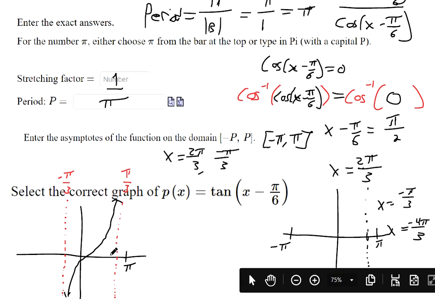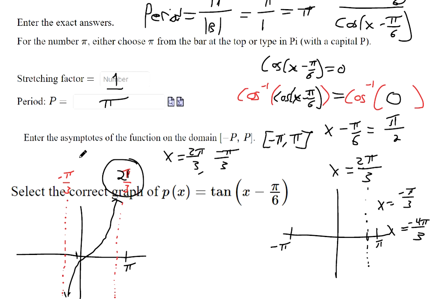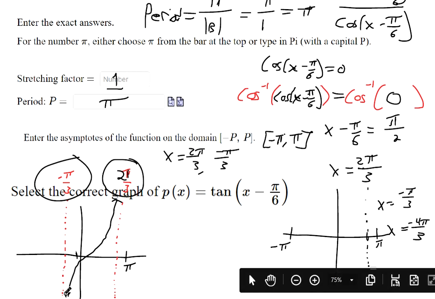And when I did, that gave me a negative value on the y-axis, which means it's got to go in this way. If I plugged in negative pi over 6 and I got a positive value, then I know the graph's supposed to look like this. So I'm going to look for asymptotes at negative pi over 3. This should be 2 pi over 3 because that was our other vertical asymptote. And then I'm looking for the tangent function going in the correct direction, rising as we read it from left to right.